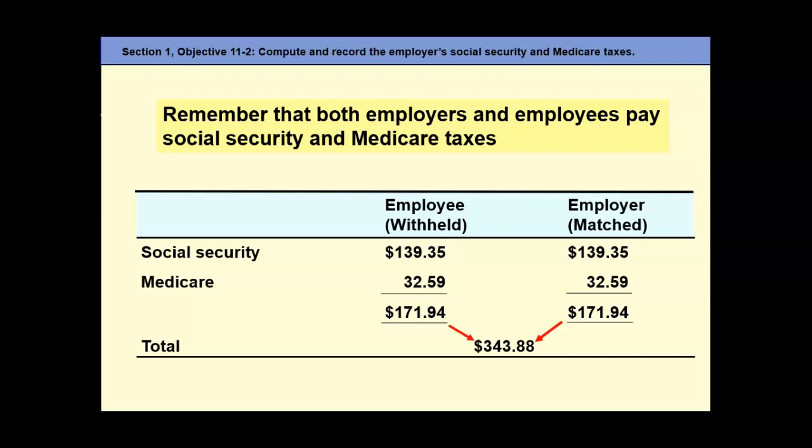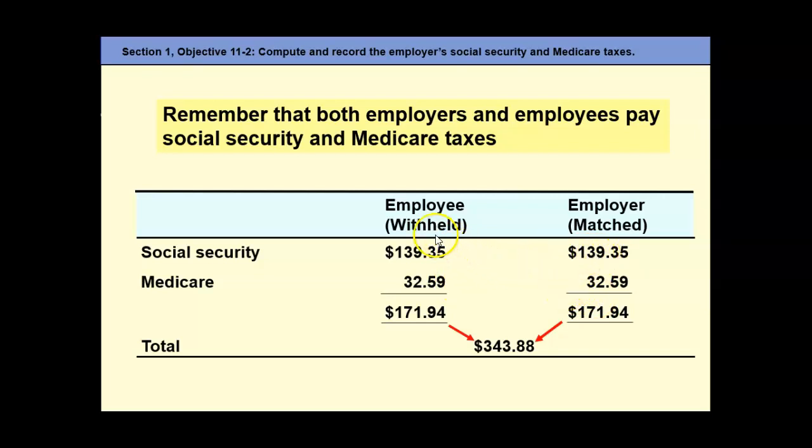We record them as a payable, as a liability, because those taxes have not yet been paid to the appropriate tax authority. Now in Chapter 11, we're going to add the taxes owed by the employer because once again, the amounts paid for Social Security tax and Medicare tax by the employees have to be matched by the employer.